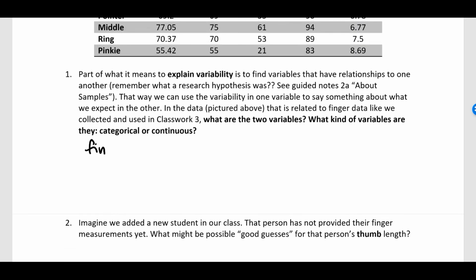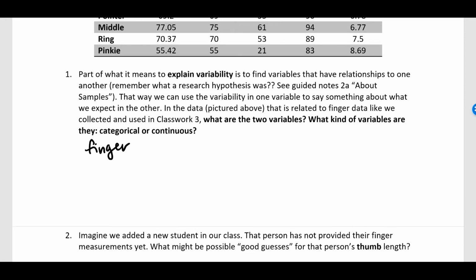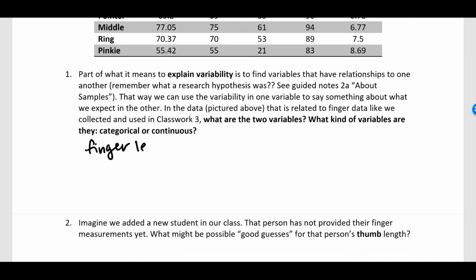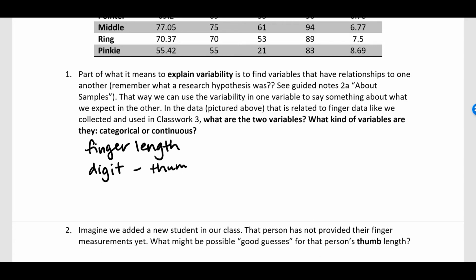So if we think about these, and then I'm just going to write digit. The digit is referring to, I'm going to start there. I think that one's a little easier. Is it a thumb?